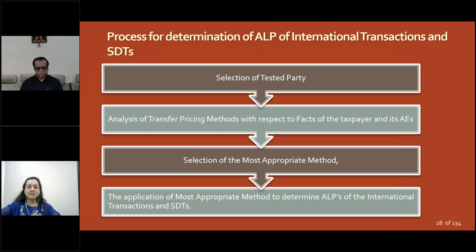Once we have done a FAR analysis, that also helps us determine who is the tested party. The third step is, based on this analysis, to see what is the most appropriate method out of the 6 methods that I explained in the earlier slide. And then once the most appropriate method has been determined, the next step is application of that method to determine the arm's length price of either the international transaction or of the SDT.